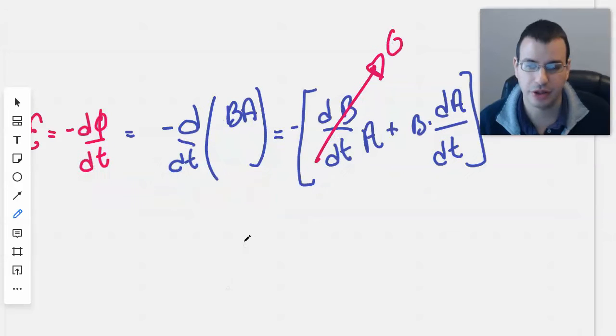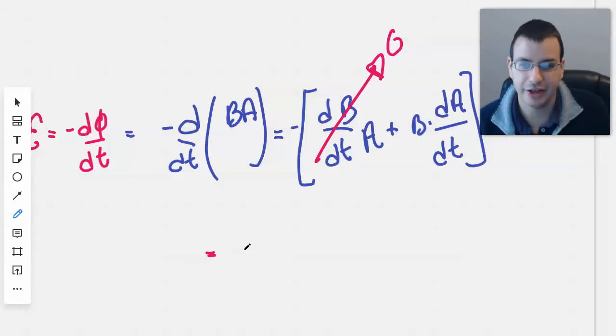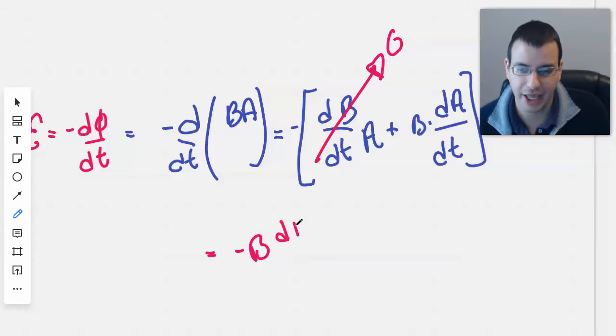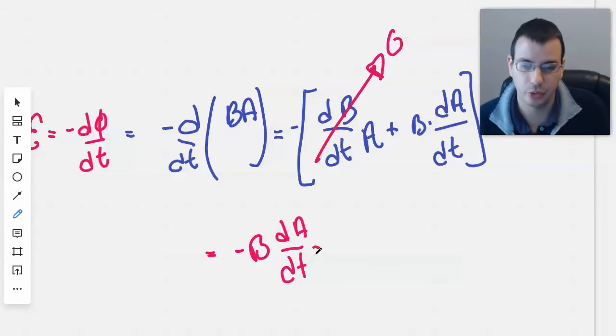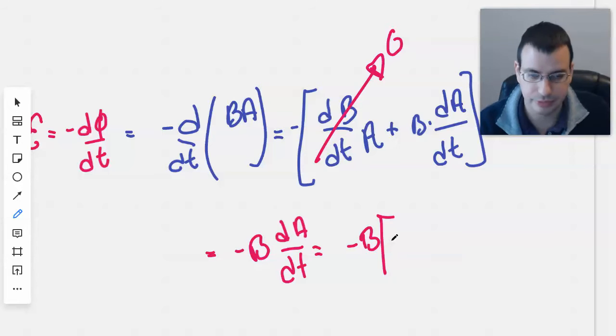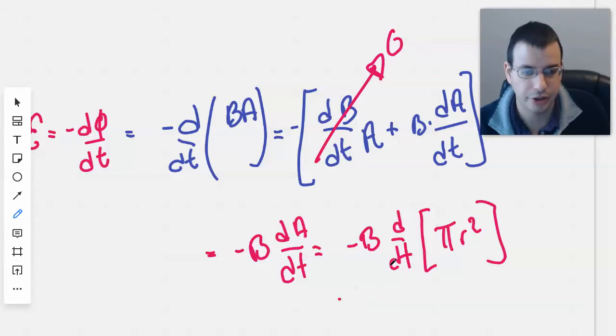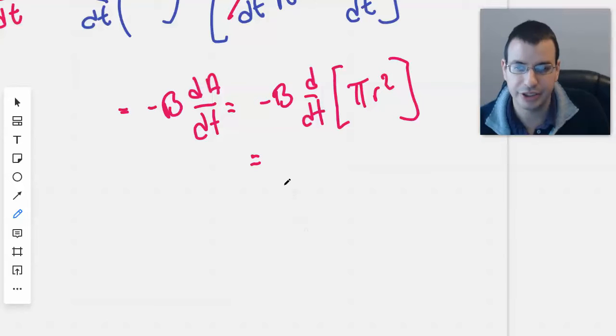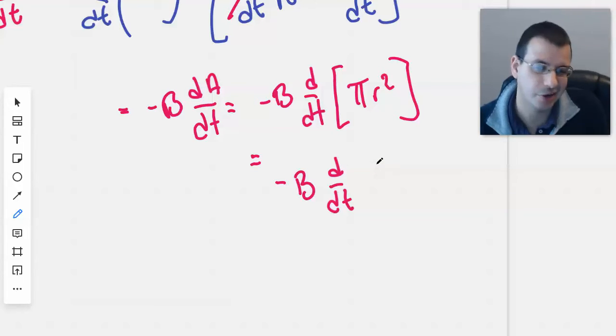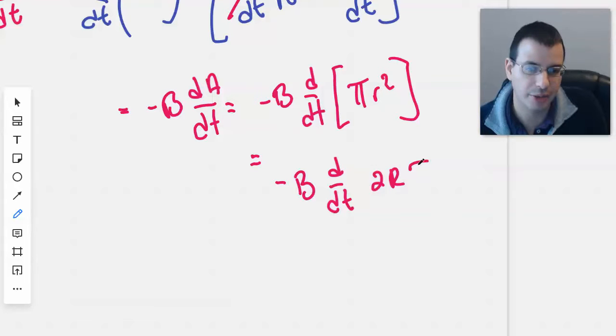And we are left with negative B dA/dt, which is negative B d/dt of pi r squared, because that's the area of a circle, which equals negative B times 2r times pi times dr/dt.